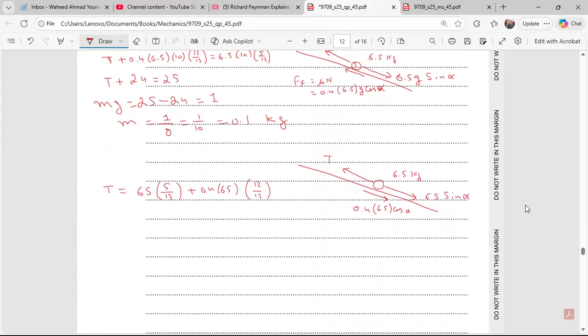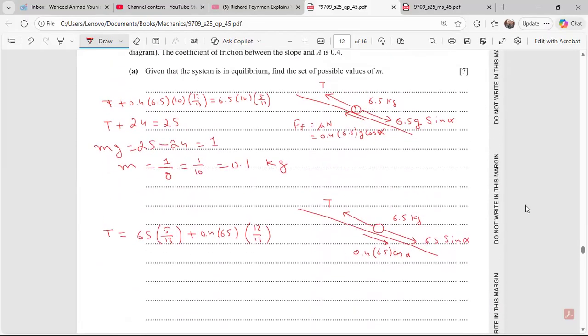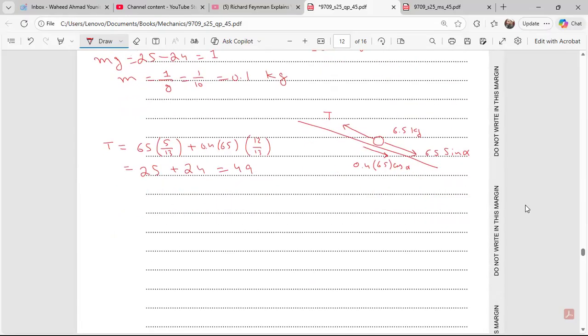Okay, and we did this calculation before. This was 25 and this was 24. So 49 together, and tension was mg as before. Mg is 49, so m is equal to 49 over g, which is 10.